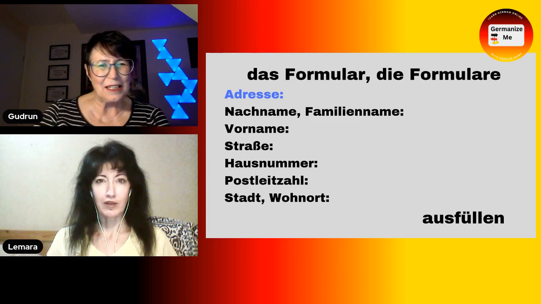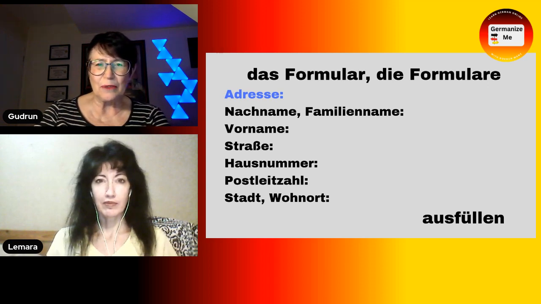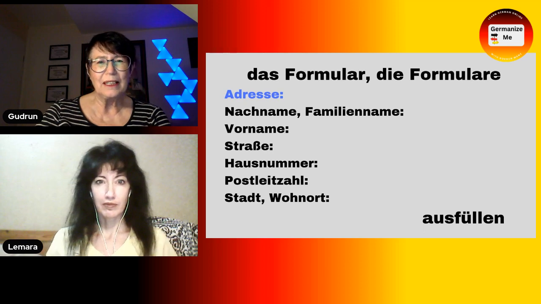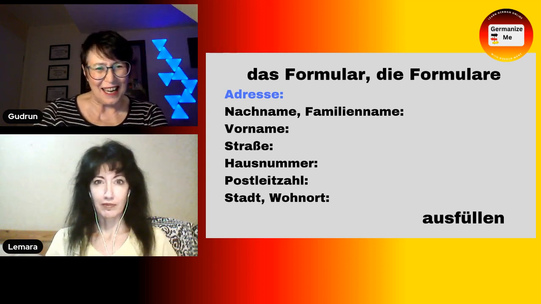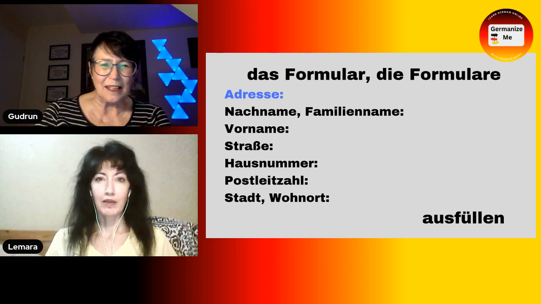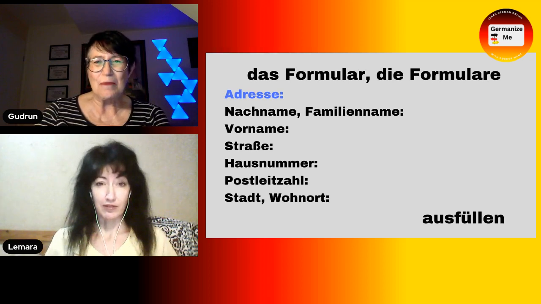So it's actually the same word, Familienname, family name. We have another word for it, Nachname. That is the name that comes after your name. And in English, that would be surname. Surname, family name.